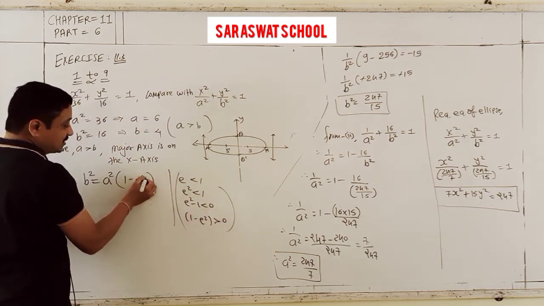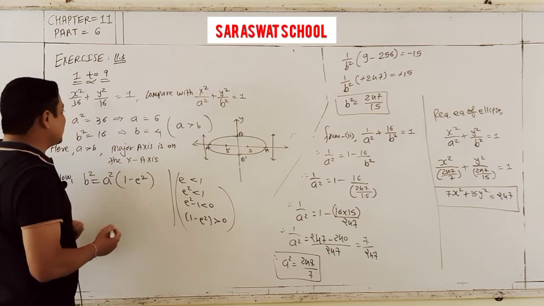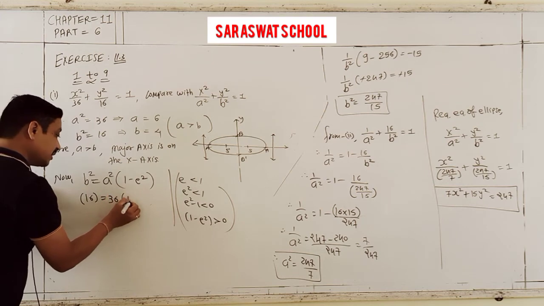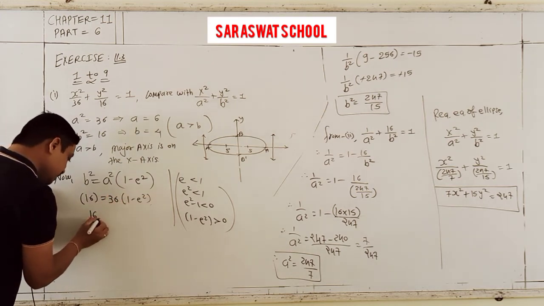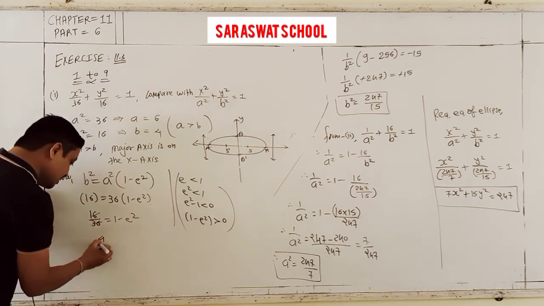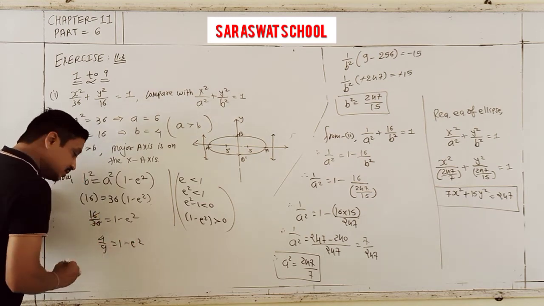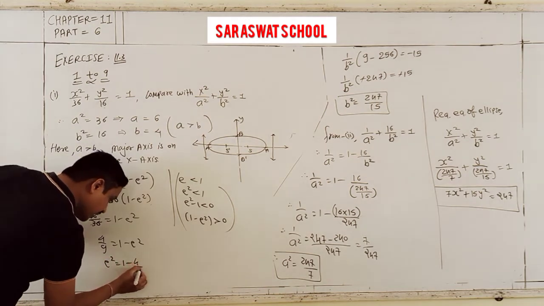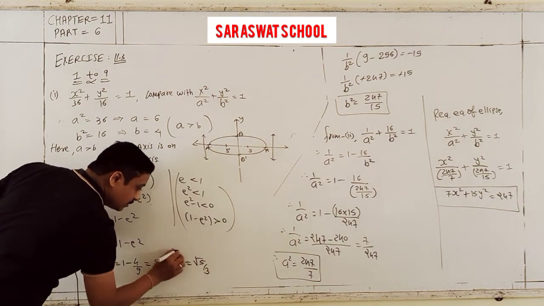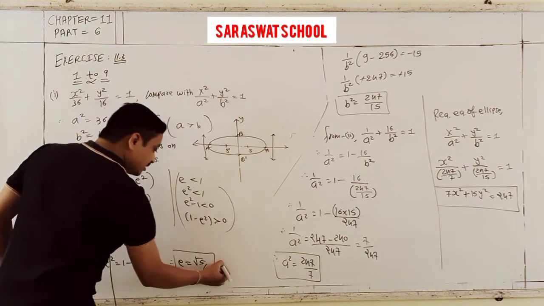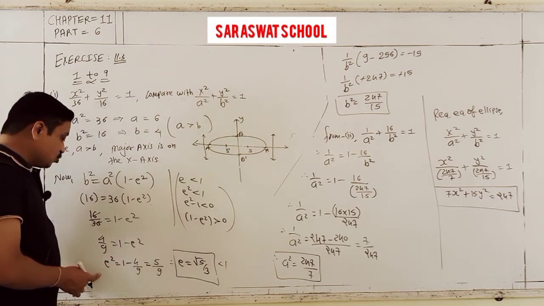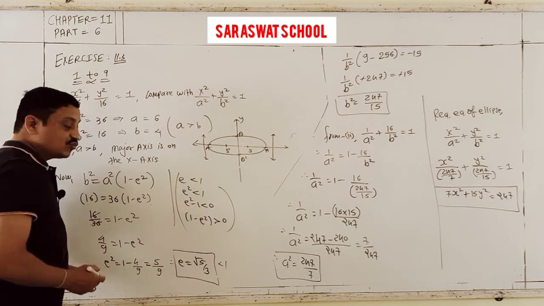Now in a simple way you can decide your value. B square is 16, a square is 36. So 16 by 36 is 1 minus e square, here cancel: 4 4s are 16, 9 4s are 36. So e square becomes 1 minus 4 by 9, that is 5 by 9. So what's e? Root 5 by 3. Eccentricity done.